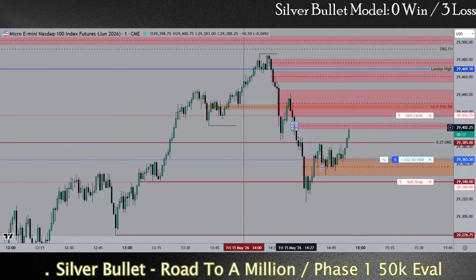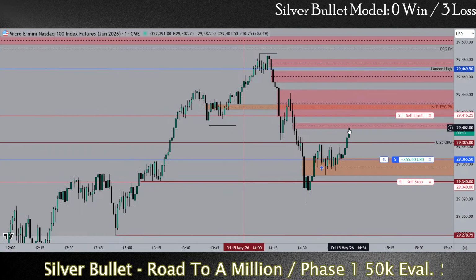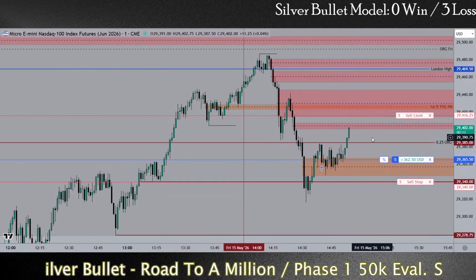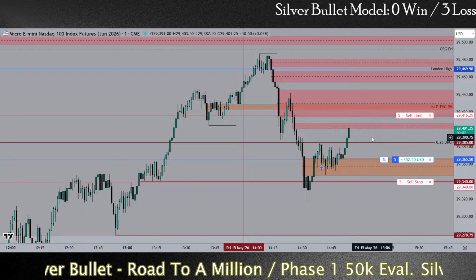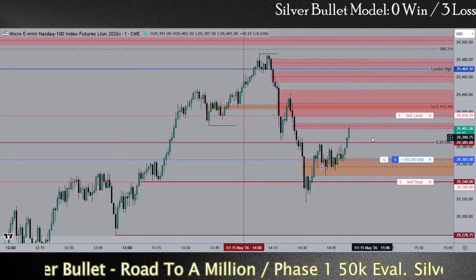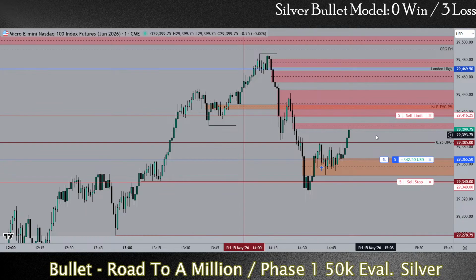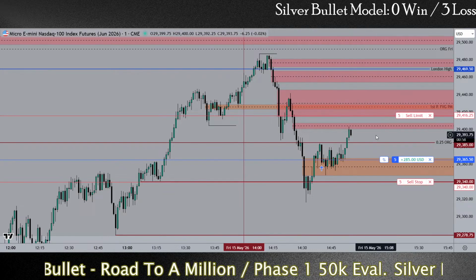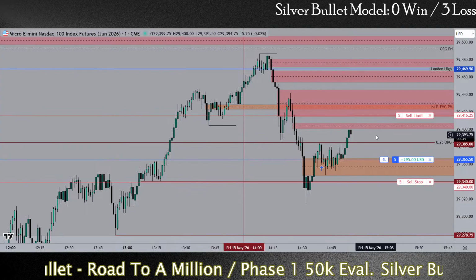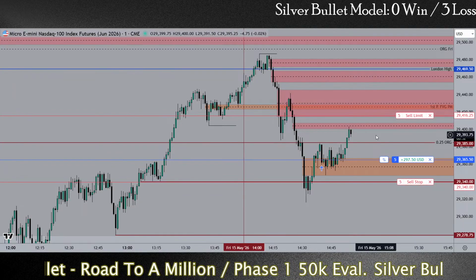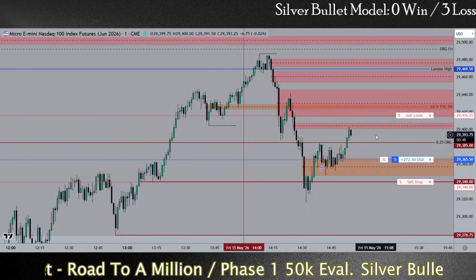This inefficiency here, this fair value gap, preferably no resistance at all, and just snap through it. That's what I would like to see. A little rejection is fine, but not like a huge displacement lower, right? And we'll see what we get.